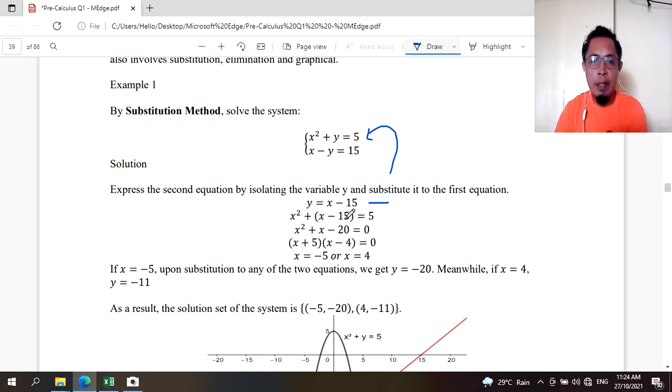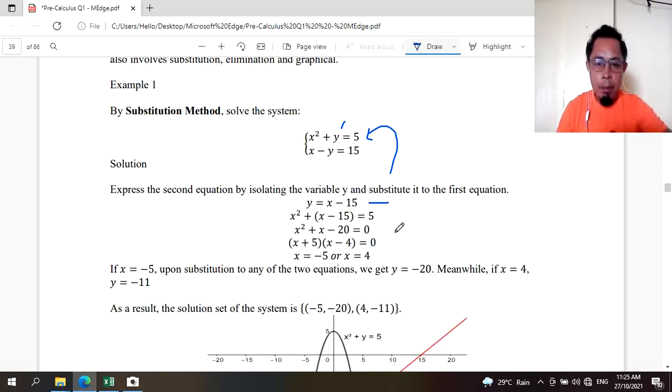So we have here now x squared plus y, which is x minus 15, so x squared plus x minus 15 equals 5. Then distribute the sign to eliminate the grouping symbol. We have positive, positive, negative, and so we have now x squared plus x minus 20 equals 0.